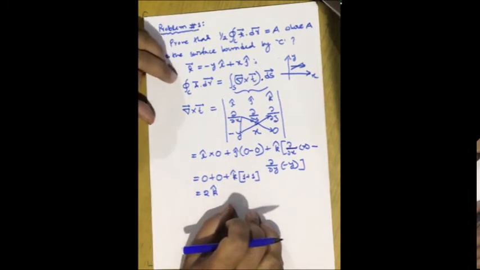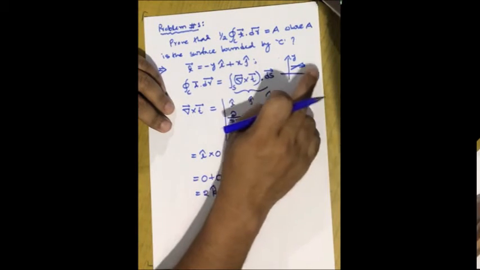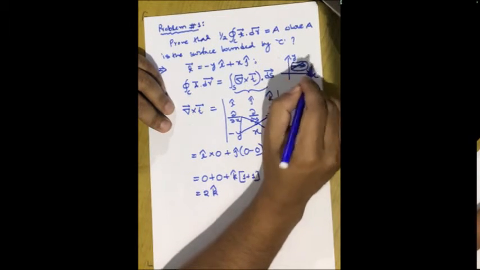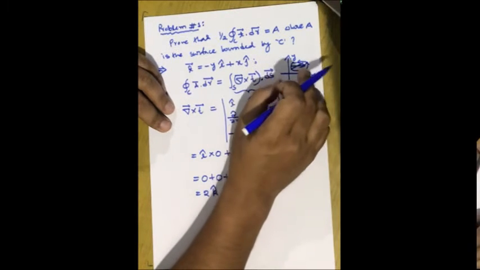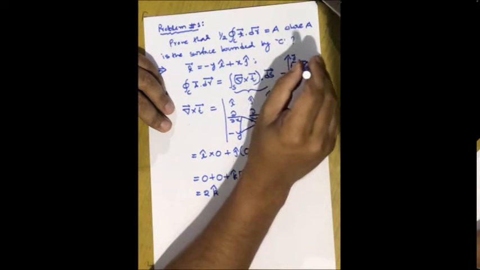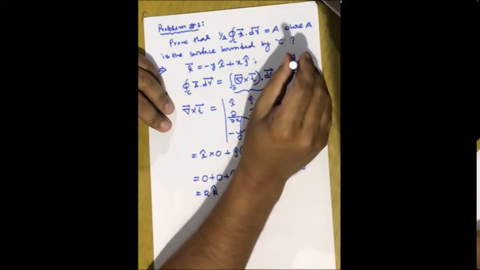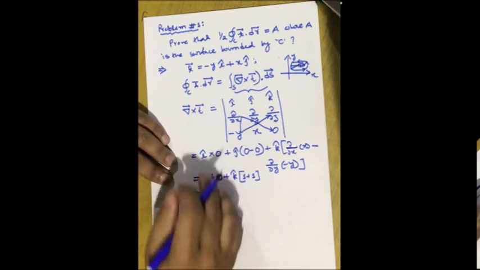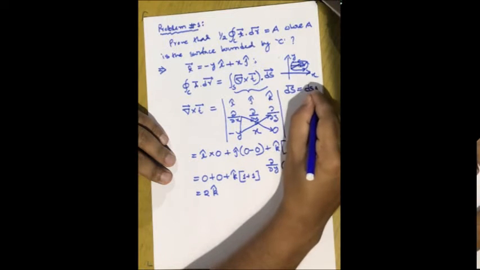Now you see this is a two-dimensional vector in the xy plane. Therefore the line integration is always in the xy plane, and the normal to the area bounded by this loop will always be in a direction perpendicular to the xy plane. Perpendicular to the xy plane is our z direction. So we can write dS vector as dS into k cap.